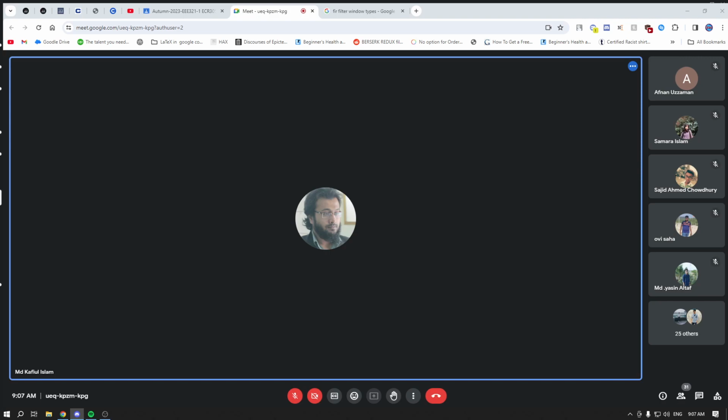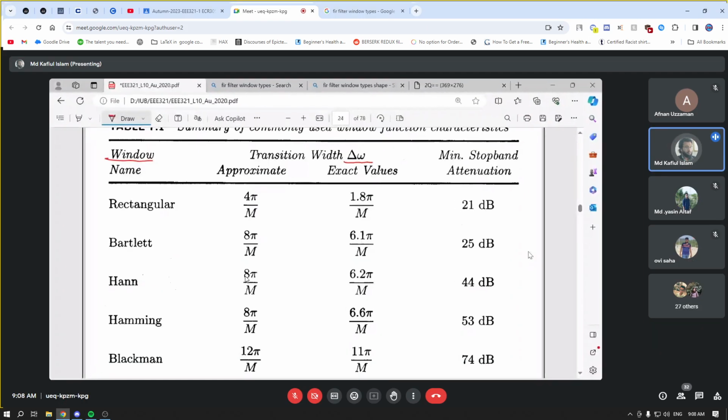So now let us talk about this table. We have different window functions on different rows, and we have a transition bandwidth. This is an approximate transition bandwidth, this is an exact value. Just forget about the approximate and think about the exact value.